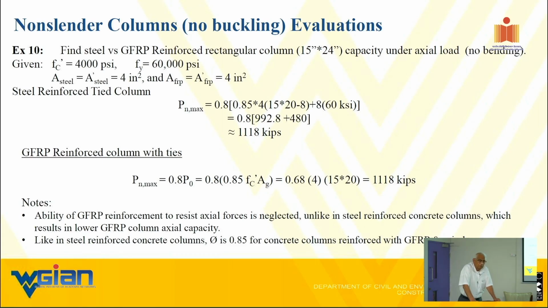But the most important reduction factor is due to non-collinearity of the column top and the bottom. Even though you call this a concentric column, we are talking about the slight bending, and they use a 0.8 factor for reduction if it is a tied column. They use a 0.85 factor of reduction due to that non-collinearity if it were a spiral column.